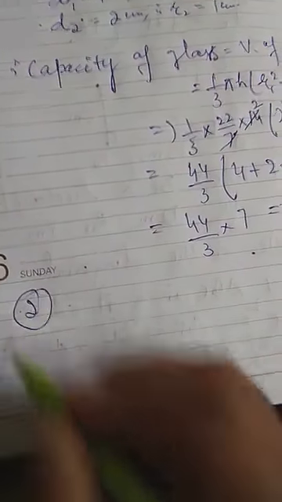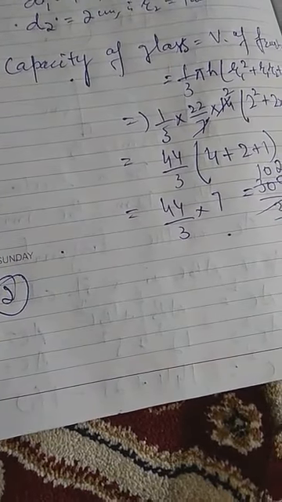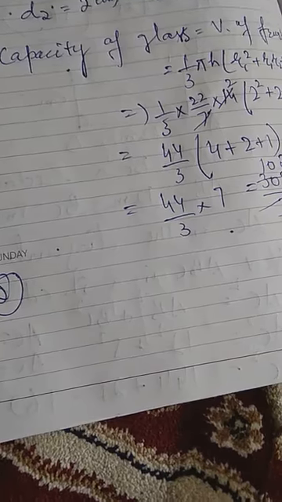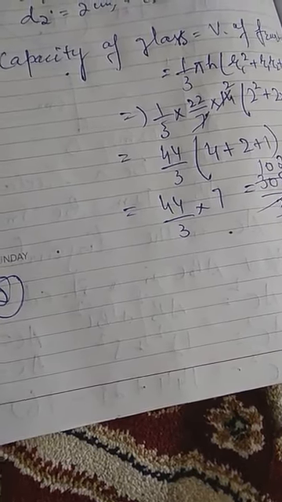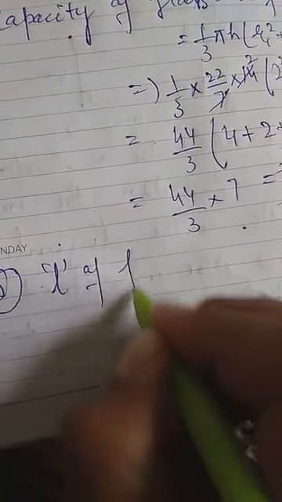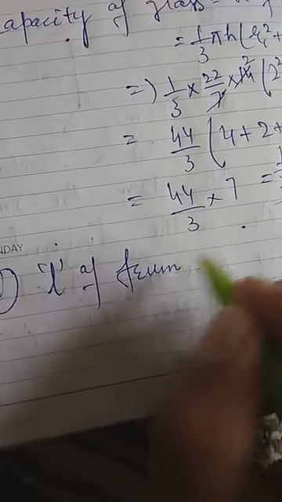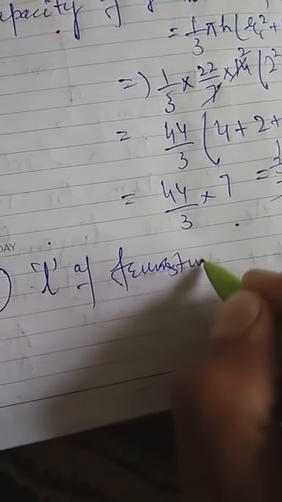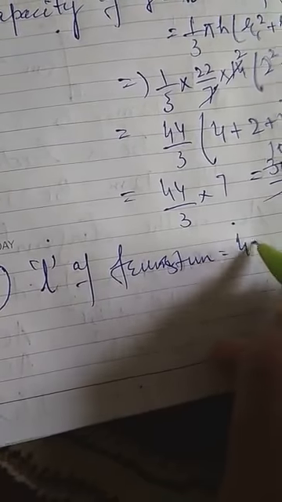Now question number 2 of the same exercise. The slant height of a frustum of a cone is 4 centimeter. L of frustum, slant height of frustum, is equal to 4 centimeter.